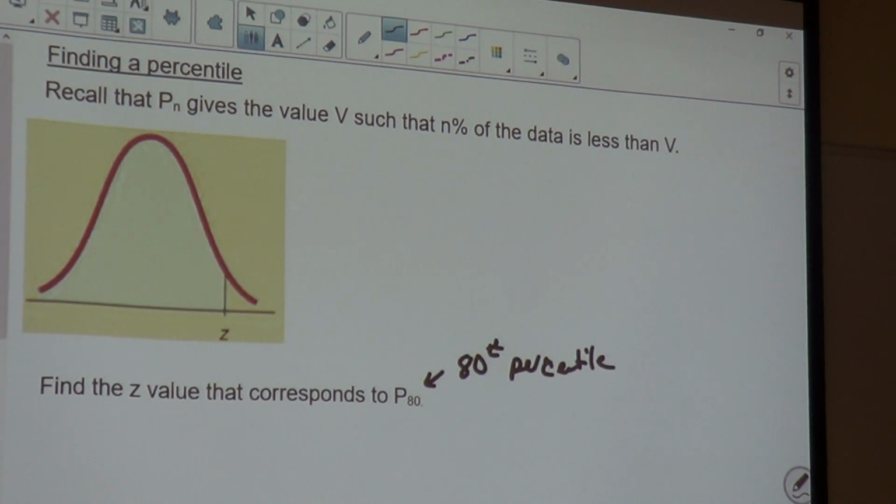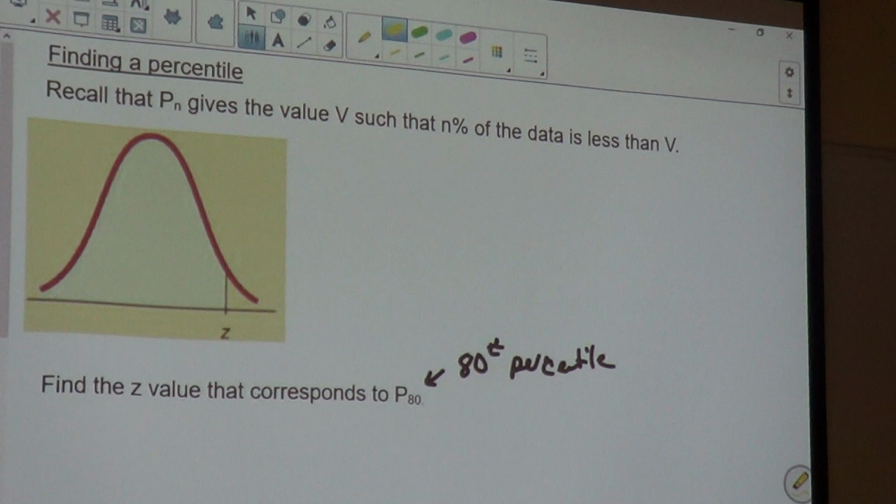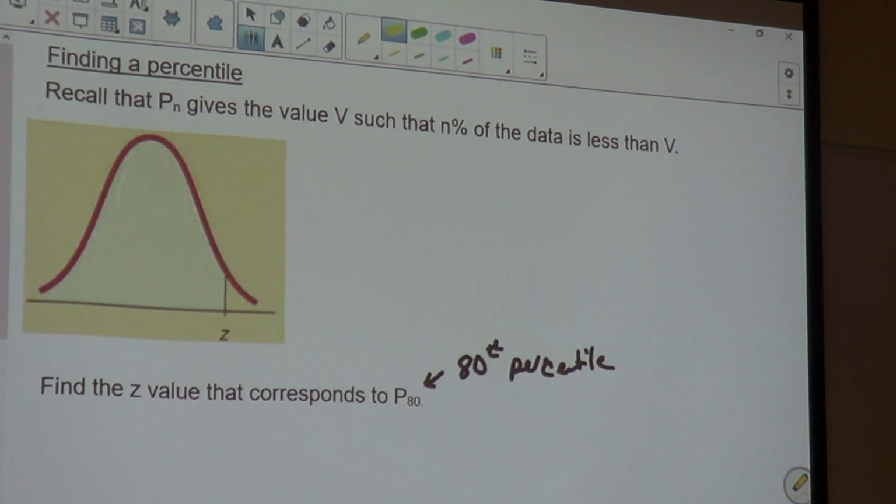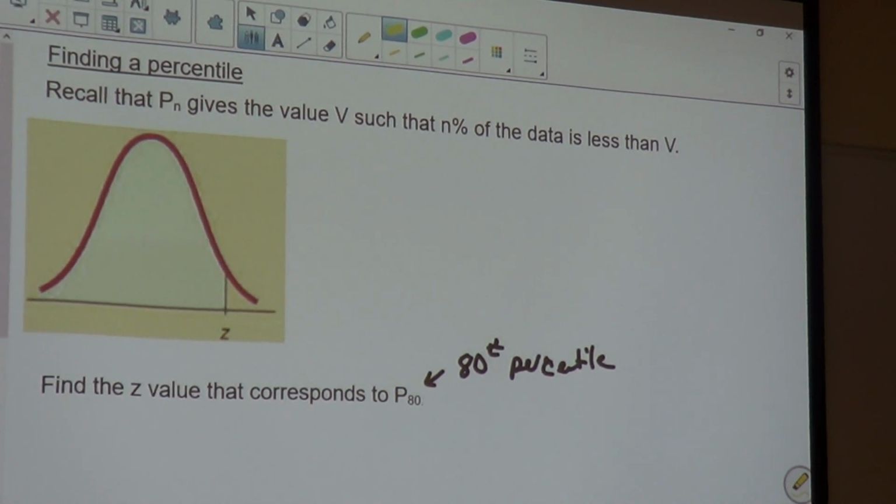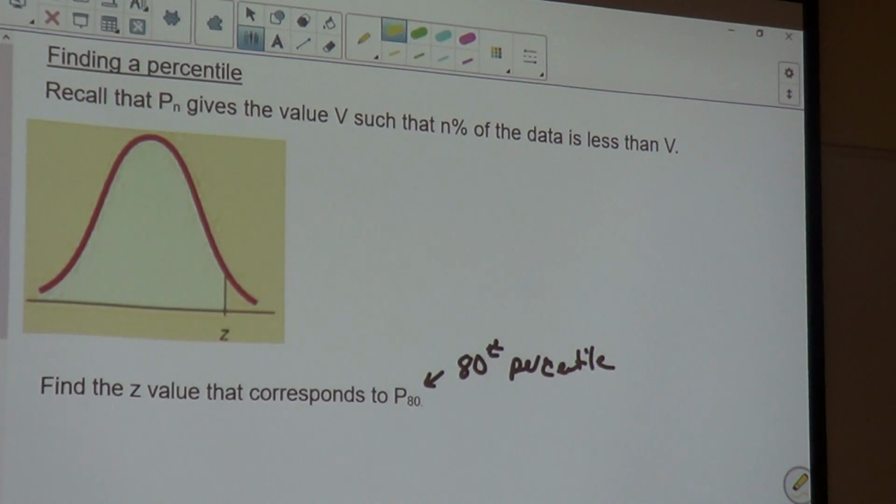So where do you think in that picture 80 would go? It's in the middle, in the guts. My guts are going to be 80%.